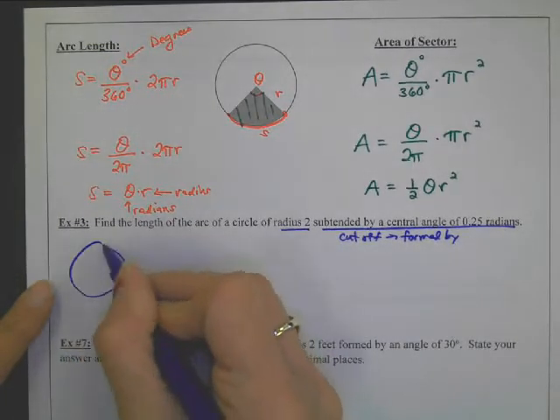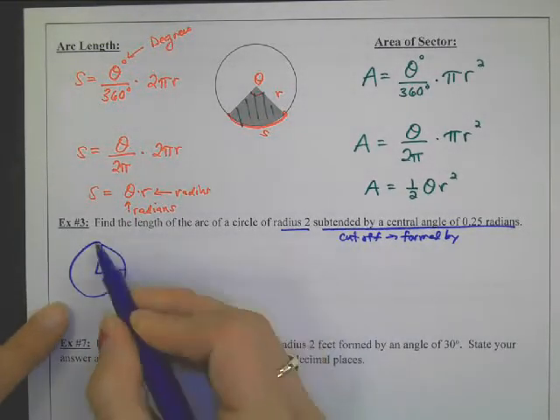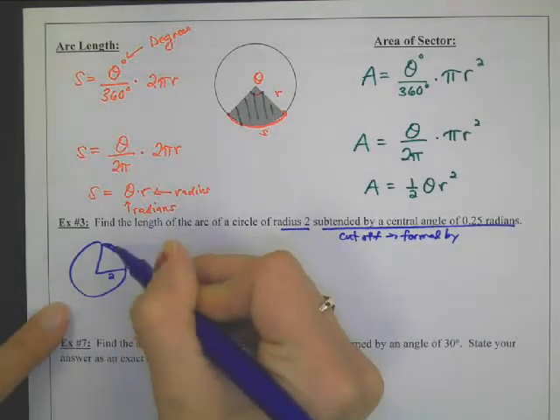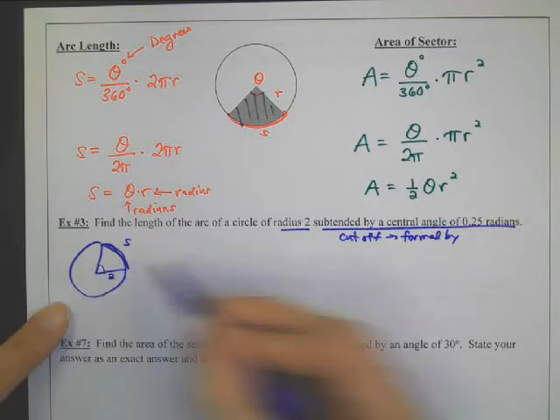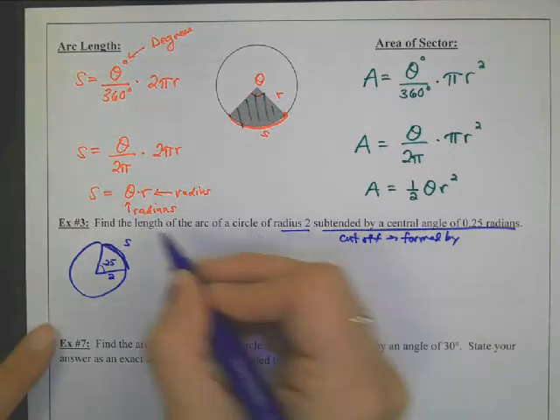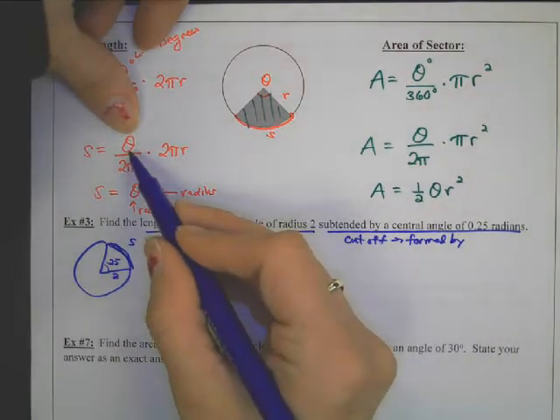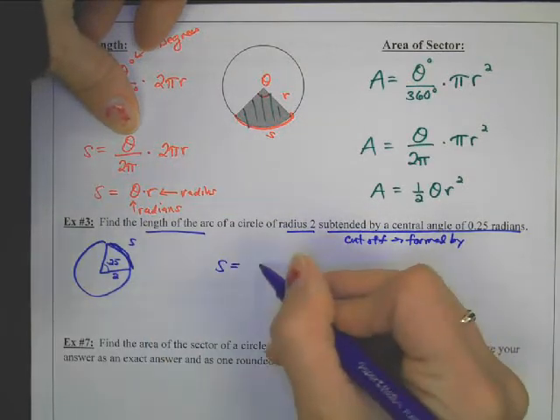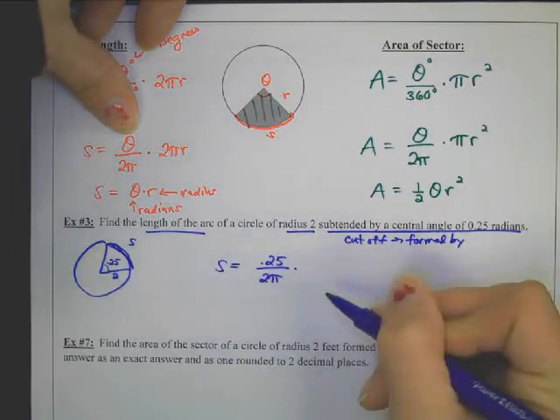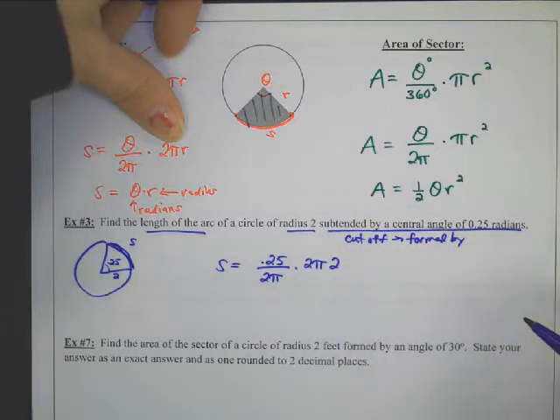There's a circle right here, and the radius is 2, and the arc that's subtended or cut off by this angle is this much arc. I'll call that S. And the angle right there is 0.25 radians. So we're going to find the arc length. So we've got our angle, 0.25 out of 2 pi, times 2 pi r, which is 2.